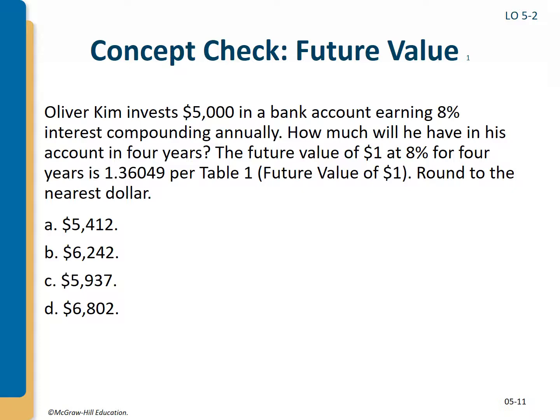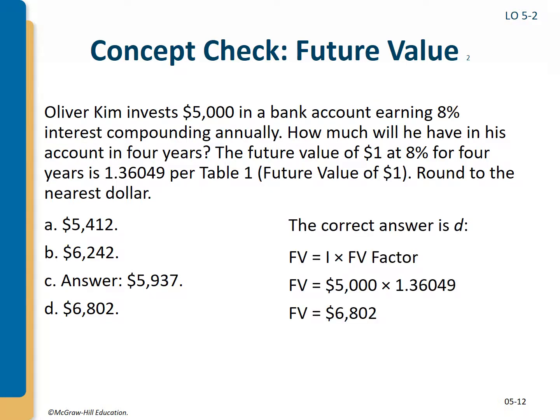So I'm going to go to my 8% column on page P1 and I'm going to go down 4 periods, and my factor is 1.36049. Well, multiply 5,000 times 1.36049 and, well, isn't that wrong, right? I think, let's see, I'm going to put this in my financial calculator because something isn't right there, right?